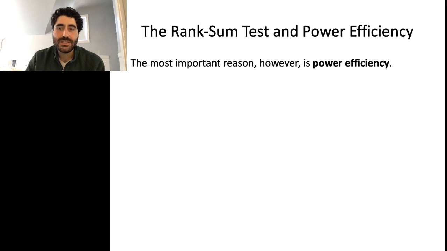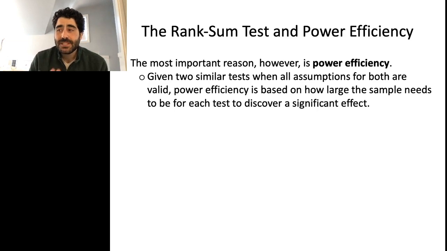So that's one problem. The other problem is a more general problem, which is about power efficiency. We're going to talk more about this in a few weeks. But the definition of power efficiency is, if we have two different tests we could use on some sample, how sensitive these tests are at detecting real effects.